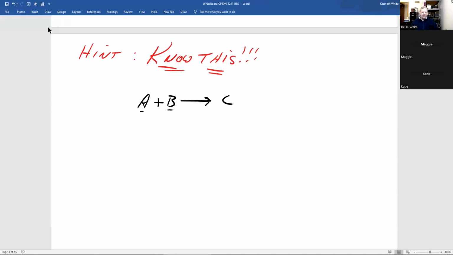Now, this is what you should know. At the base of the arrow, these are called the reactants. A and B are reactants at the base of the arrow. Now, since Dr. White, me, has worked many decades in the chemical industry, we also call them starting materials, and a lot of times I'll say that.